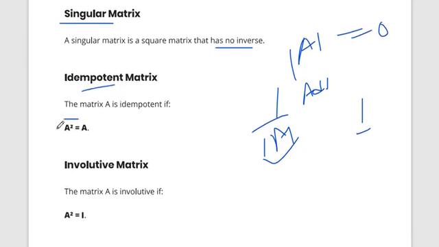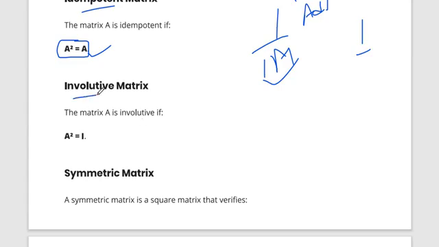Idempotent means the square of the matrix is the same as the matrix A itself. Involutive matrix means its square is equal to the identity matrix: if we multiply it with itself and the answer is the identity matrix, then it is called involutive.